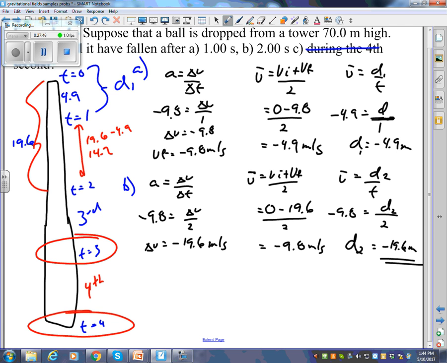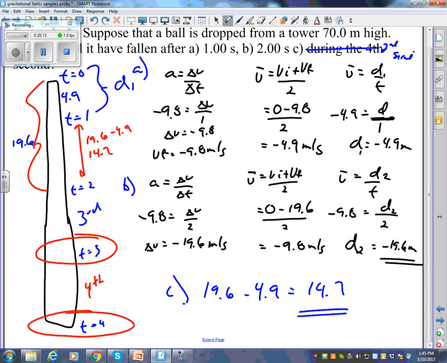What I probably should do is change this to during the second. Let's do that right now. Scratch that out so it says second, and then you just put 19.6 minus 4.9 is 14.7.